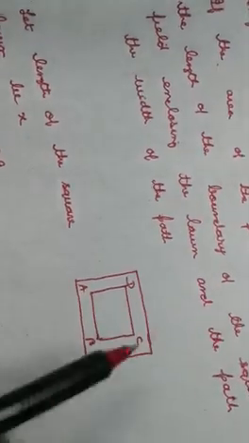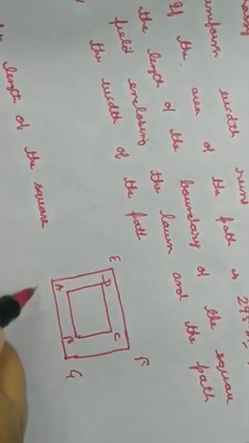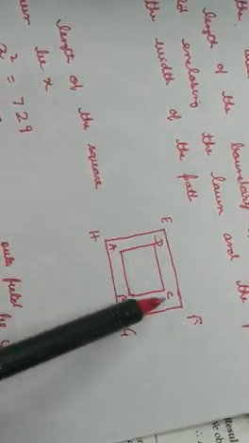Okay, so here is our diagram, same diagram I have drawn over here. It's ABCD. You can give the outer boundary the name EFGH. Now what do we know? We know the area of this inner grassy lawn is given as 729.